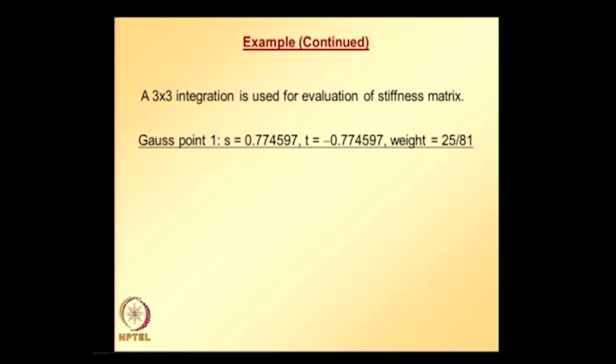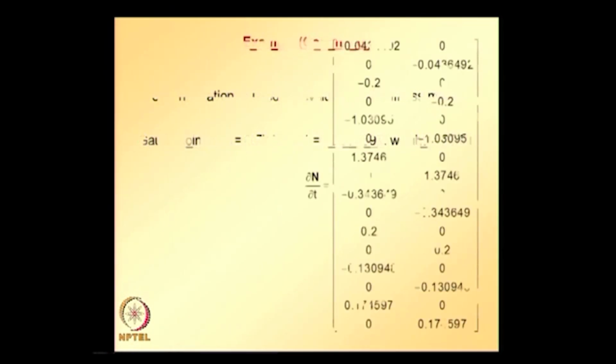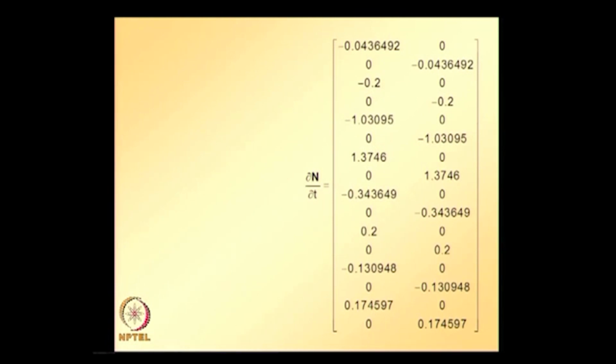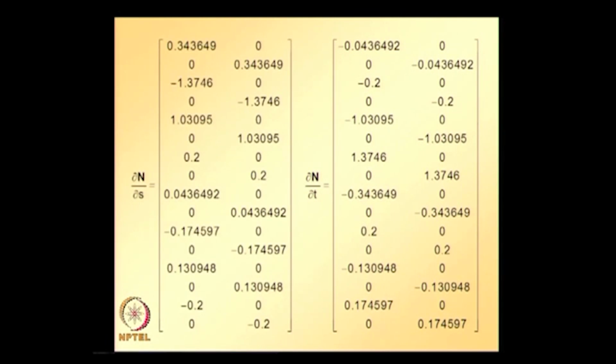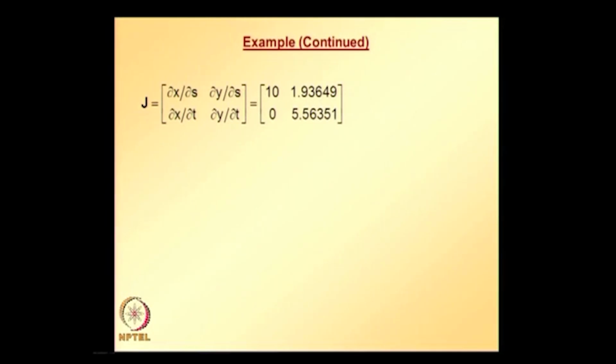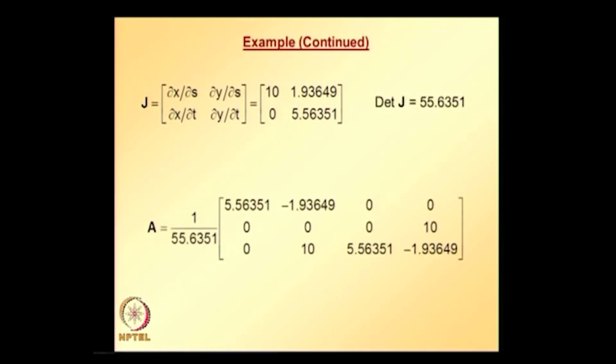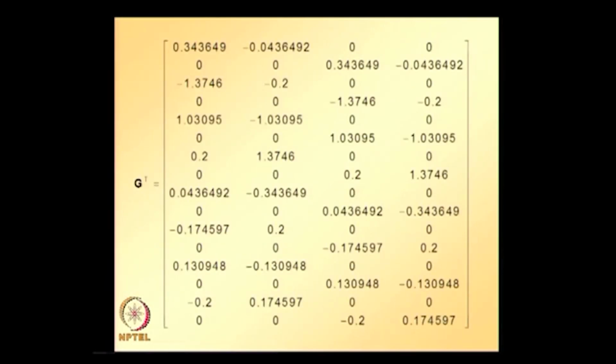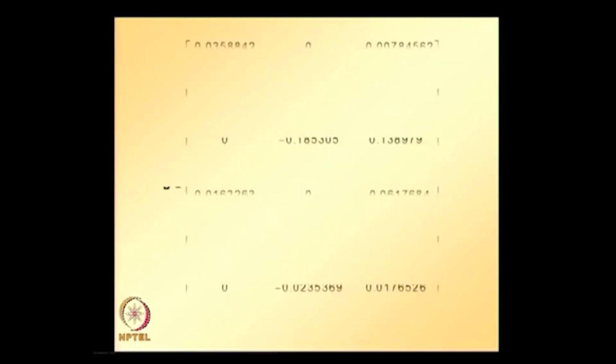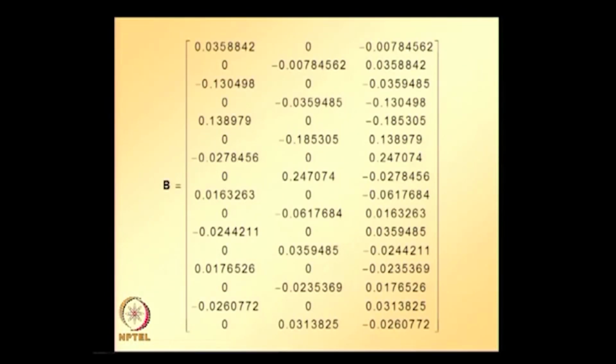So, now let us take one integration point, whose coordinates and weights are given, and at that point we need to find the partial derivatives of the shape function vector with respect to S and T. Those details are given here, and once we have that we can easily calculate these quantities, and we can also calculate G. Once we have A and G we can calculate the B matrix, and plane stress conditions are assumed here.